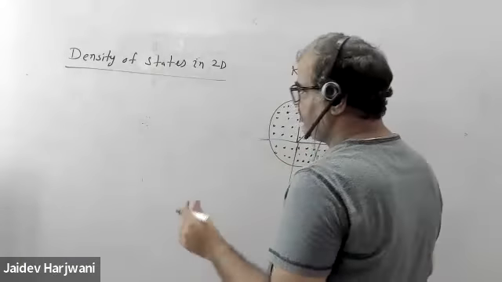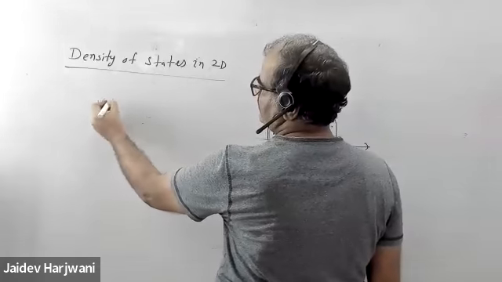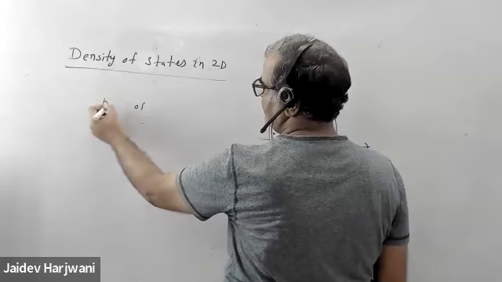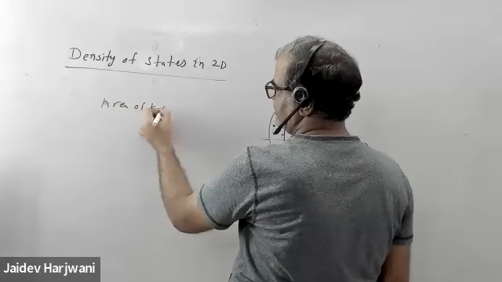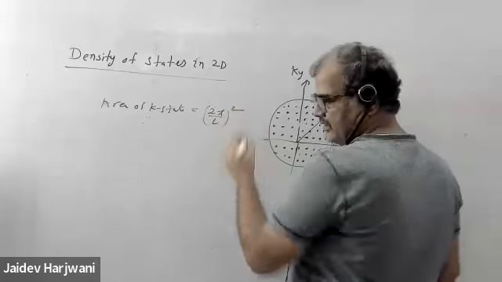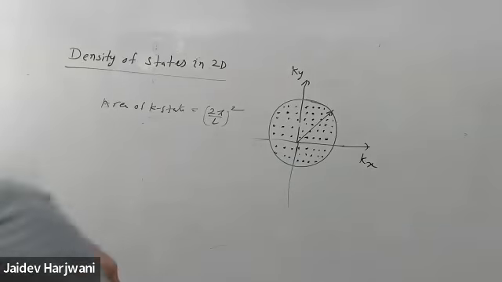Now the area of a k state, instead of volume, will be simply 2 pi by L square in the case of periodic boundary conditions.